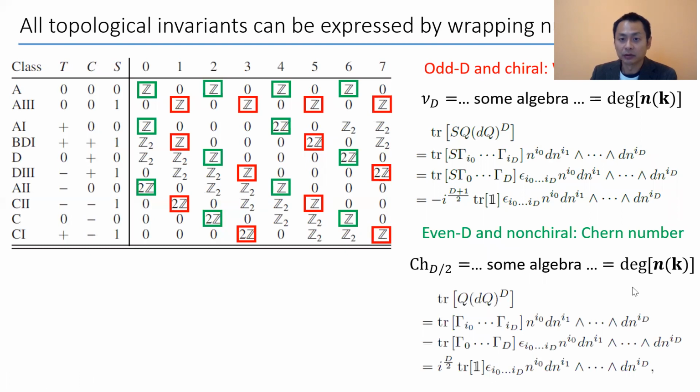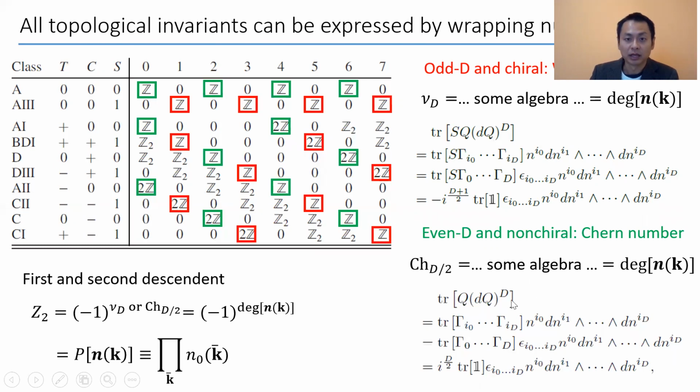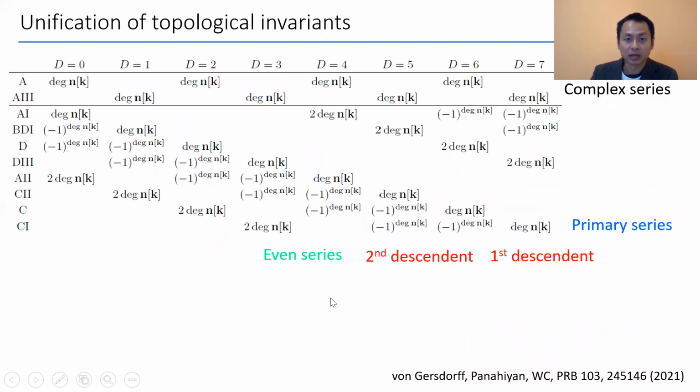Likewise, for the even dimension and for the non-chiral case, the integrand in the Chern number, after some algebra, you can also show that it is equal to the cyclic derivative of the n vector, which you can also write like this, like a wedge product. And also the first and second descendants are equal to -1 to the degree of the map.